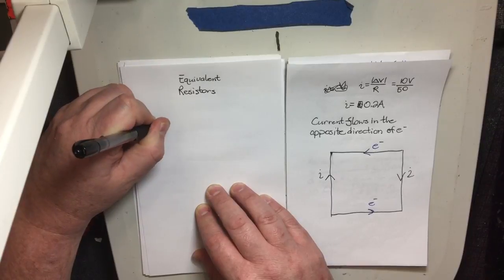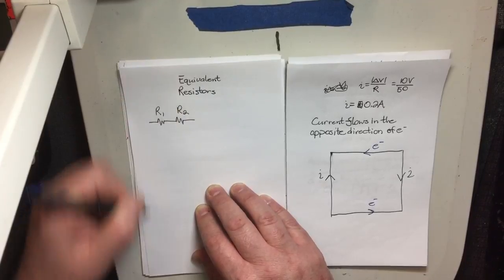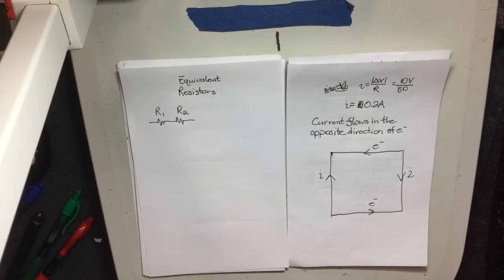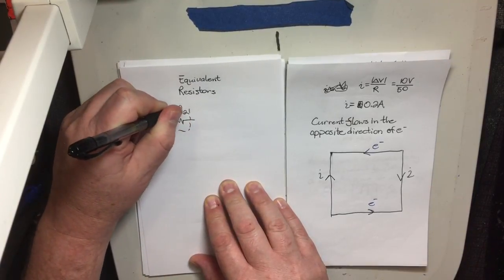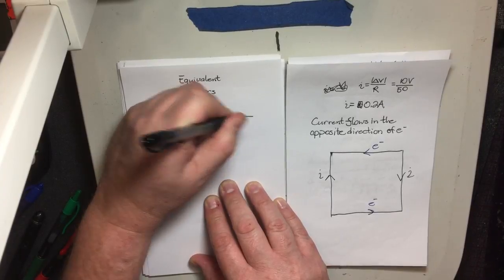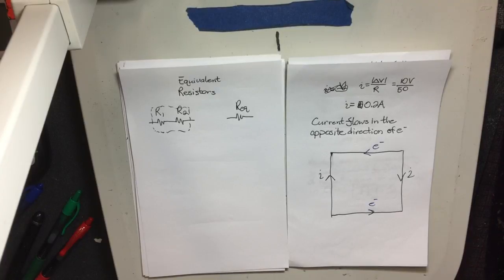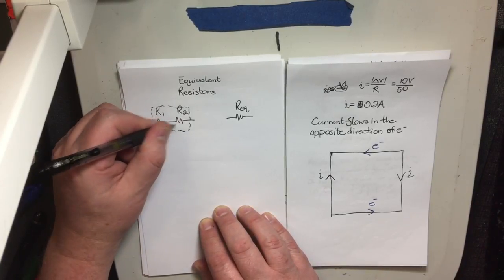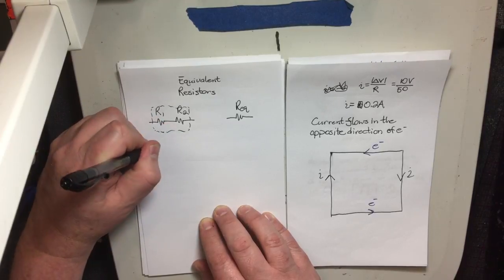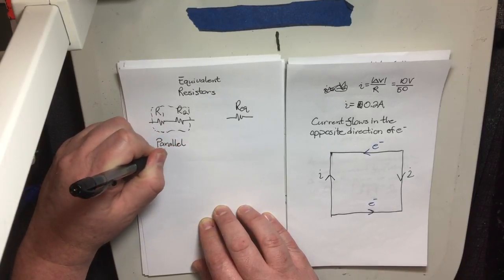If you had two resistors, R1 and R2, placed back to back, you could yank them out of the circuit, replace them with an equivalent resistor, REQ, and the circuit would act as it did before. These, when they are running from one to the next one, are parallel resistors.